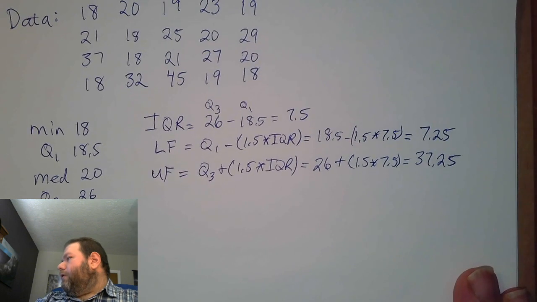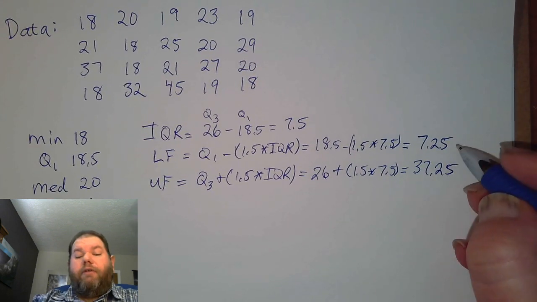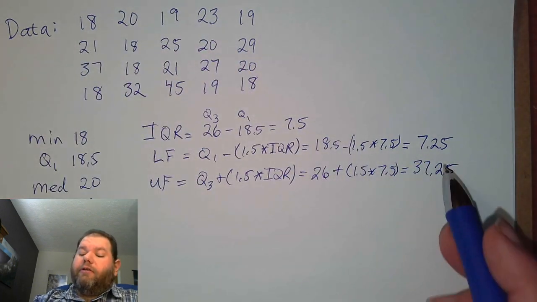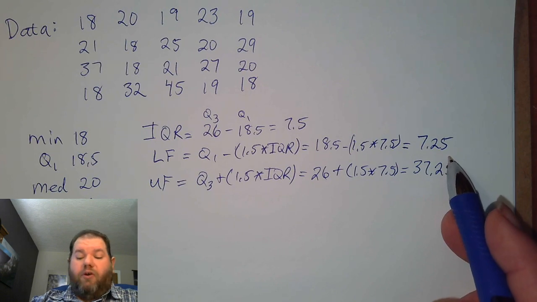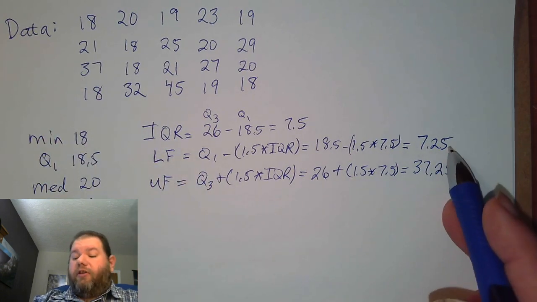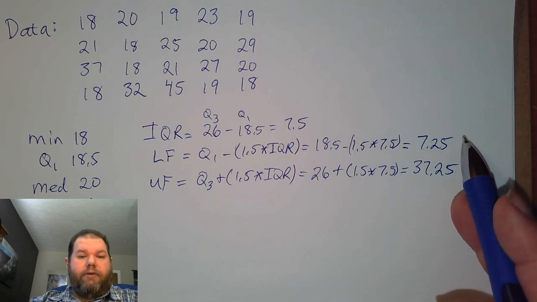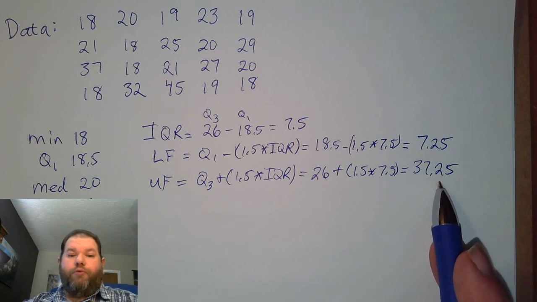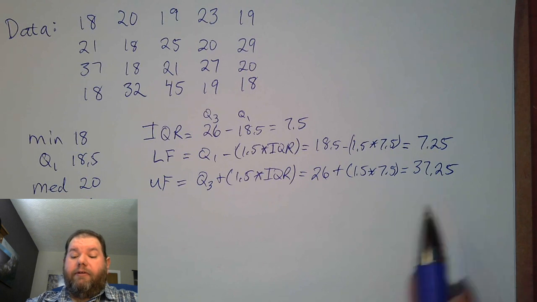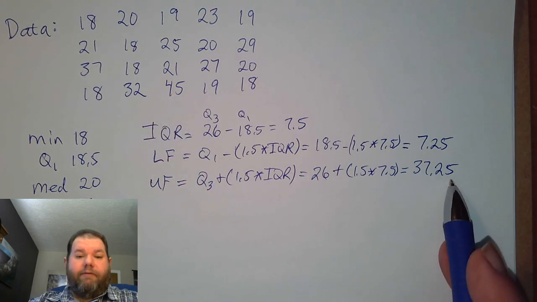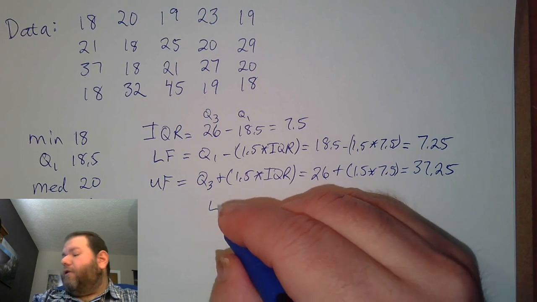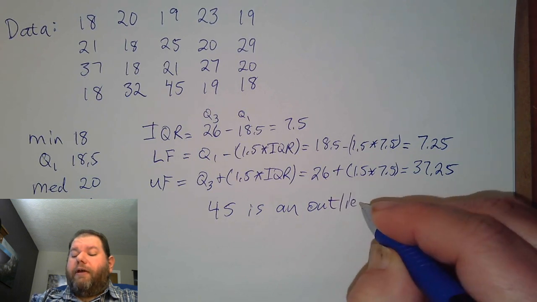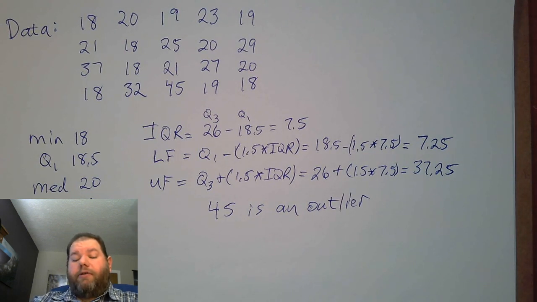And we look at the data and we say, are there any values lower than the lower fence? Any data values in this set of numbers that are lower than 7.25? No. The lowest one we know is 18. None of them are lower than 7.25, so we don't have any outliers there. Are there any data values that are higher than 37.25? Yes, because we know 45, that's our maximum. That's definitely higher than 37.25. So 45 is an outlier. We won't always have an outlier, but we always want to check if we have an outlier.